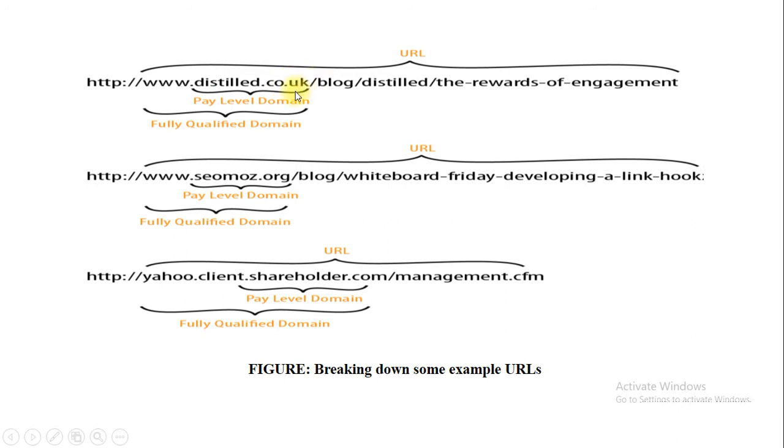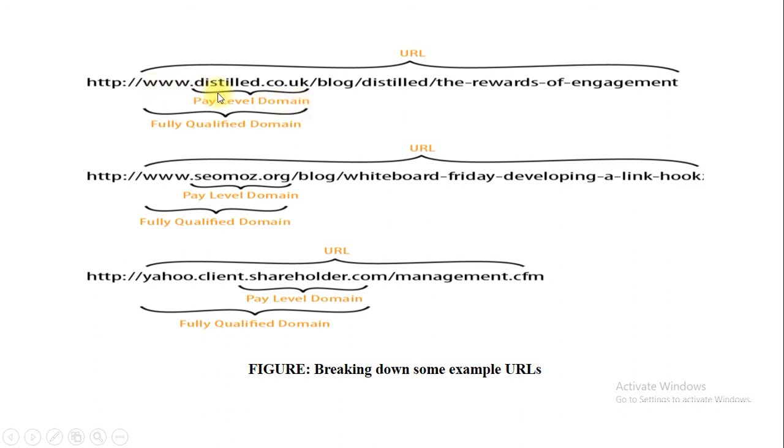How can we tell? With the help of this particular domain, that is called the top level domain, co.uk. So from that I can tell that this website is registered under the domain United Kingdom. Now see, this is the second level domain for which you have paid, so that is called the pay level domain.